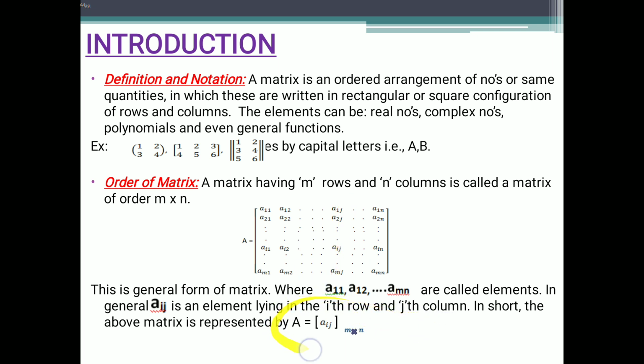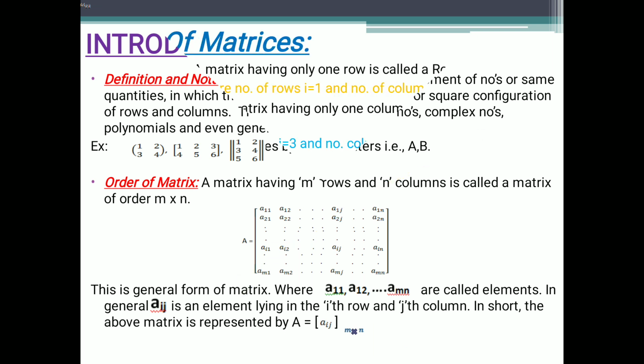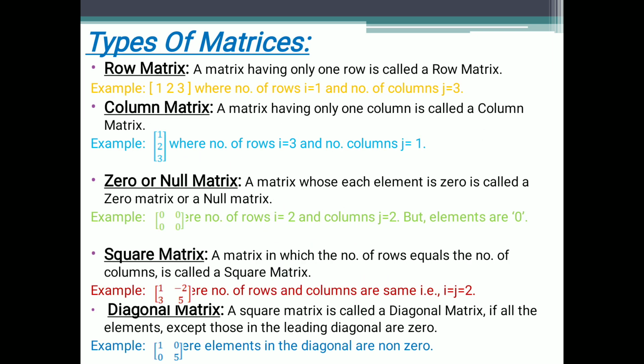Generally this matrix is represented as A equals Aij, and the order is m cross n. That means the number of rows is m and the number of columns is n. Next we'll move on to types of matrices.